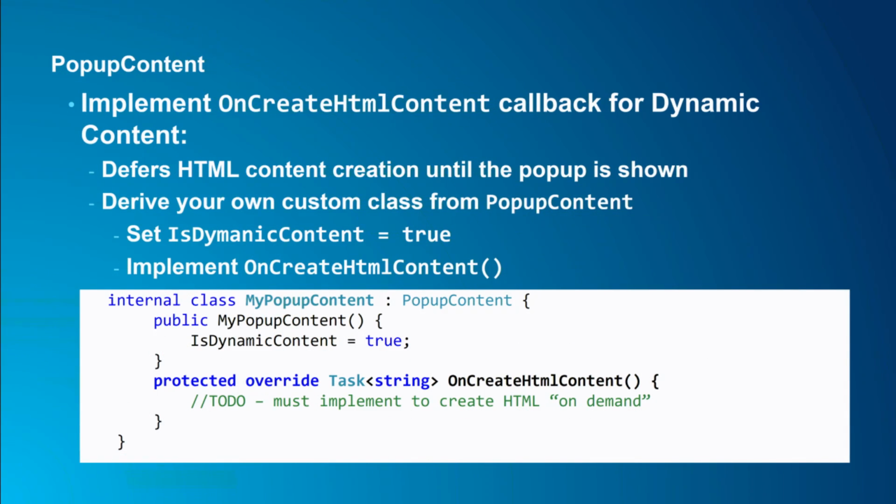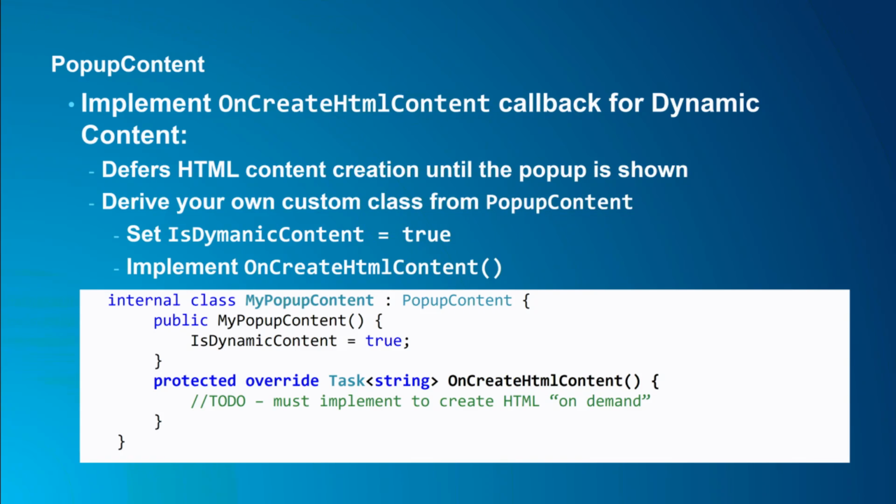We can also implement the OnCreateHtmlContent callback for dynamic content. So what you saw previously is pretty much the same content created for every page. We just filled in the layer name and then the ID.